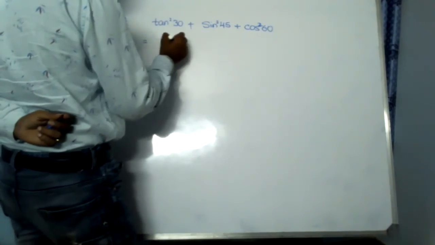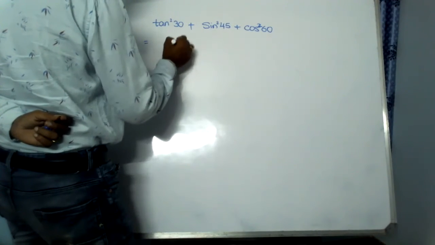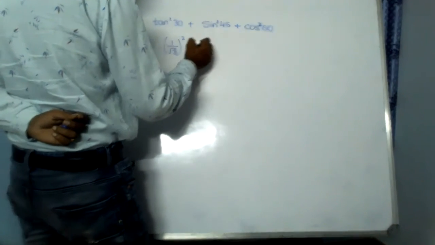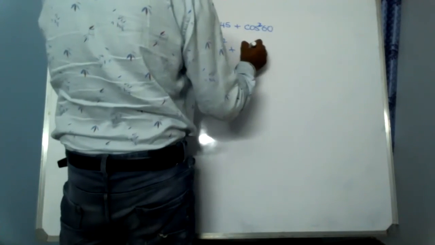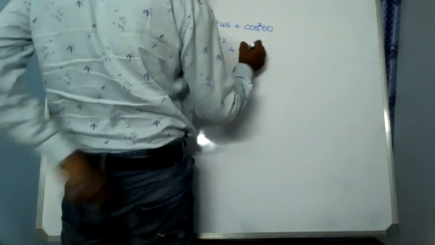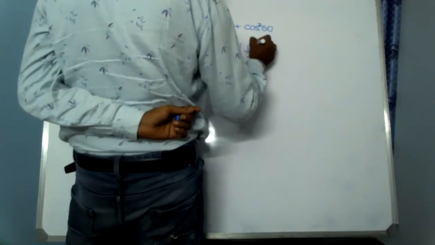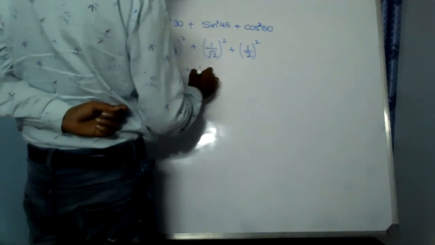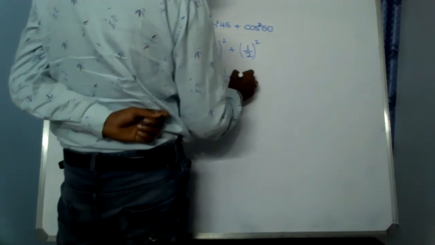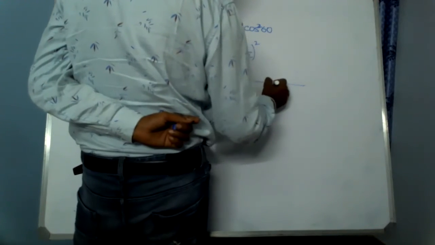Okay, so tan 30 is what? 1 by root 3. So 1 by root 3 square, I'll write here. Sine 45 is 1 by root 2, so 1 by root 2 square, I'll write. Cos 60 is 1 by 2, 1 by 2 square, I'll write. This will give me 1 by 3 plus 1 by 2 plus 1 by 4. It's simple. You take LCM. LCM will come what? 12.